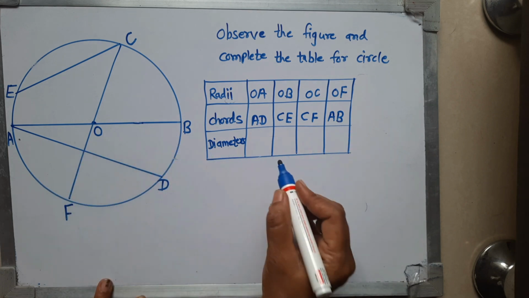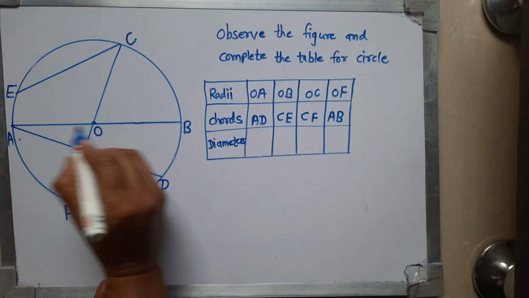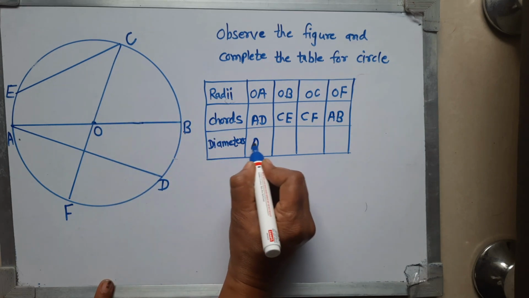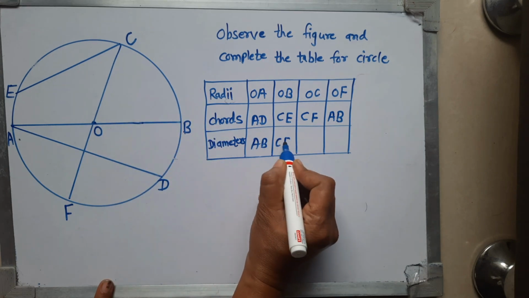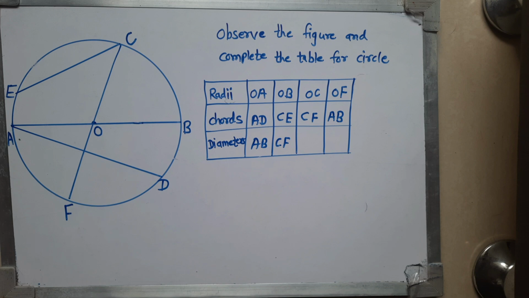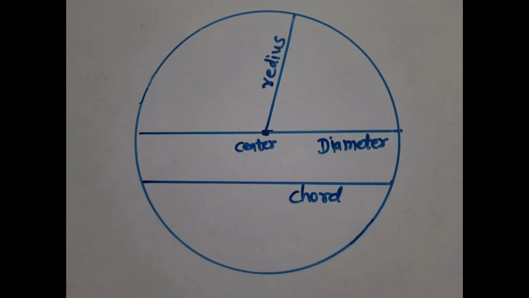Diameters are AB and CF. 2 diameters, 4 chords and 4 radii in this figure. Circle elements are radius, diameter, chord and center point.